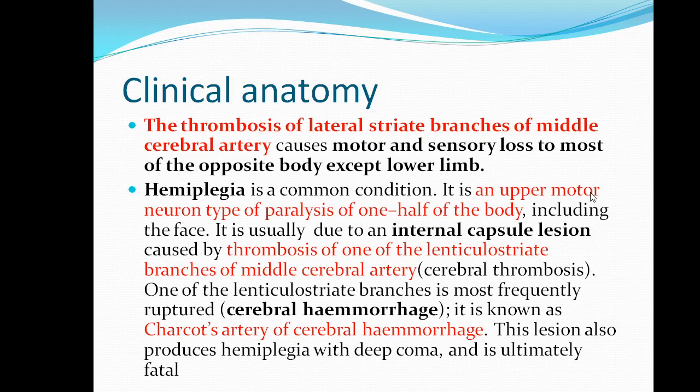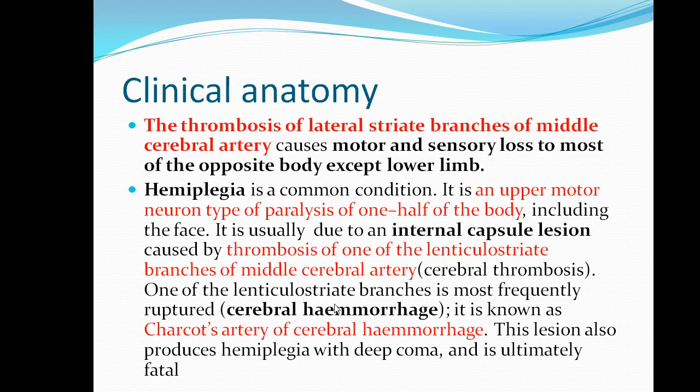It is an upper motor neuron type of paralysis of one half of the body, including the face. It is usually due to an internal capsule lesion caused by thrombosis of one of the lenticulostriate branches of the middle cerebral artery, commonly known as cerebral thrombosis.